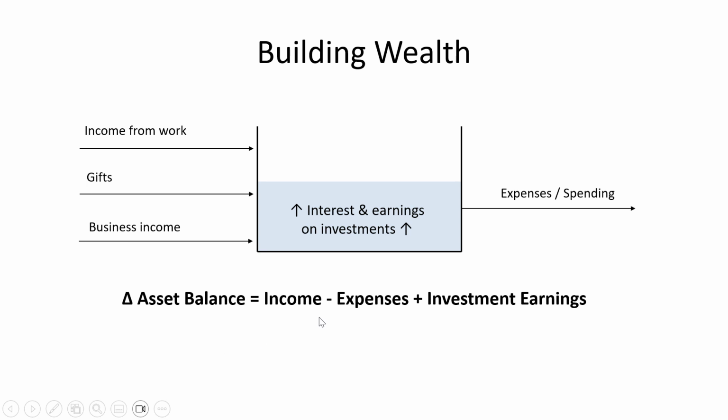What you did is you had the income minus the expenses, and then you added the investment earnings that applied. And so income minus expenses is how much you save in a given period. And then the investment earnings that accumulate in a given period are based on the previous period's asset balance and whatever rate of return applies. So you've applied these calculations before in the project.